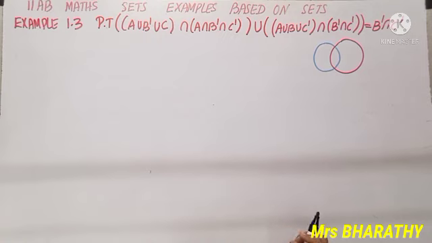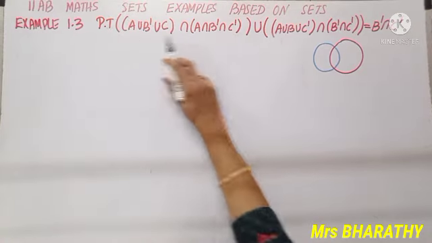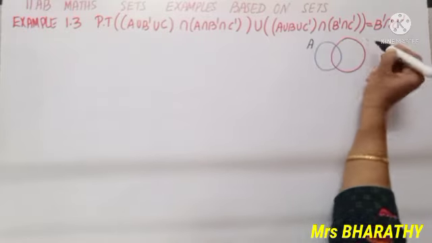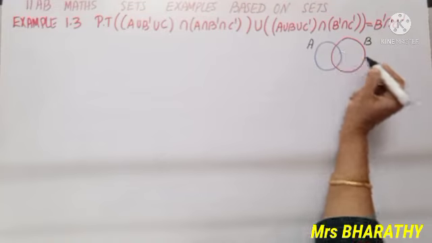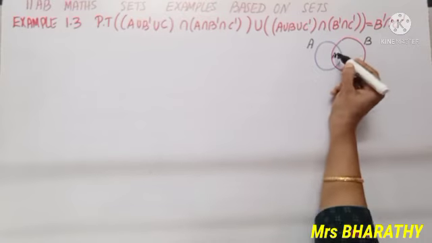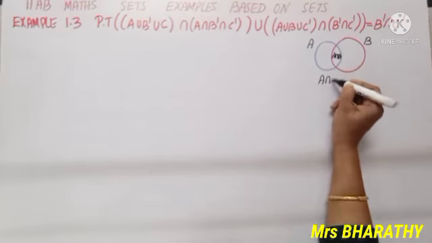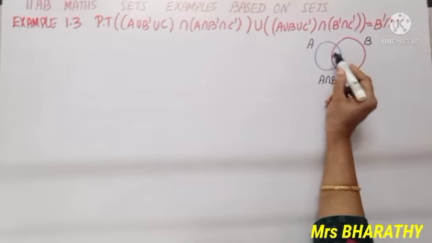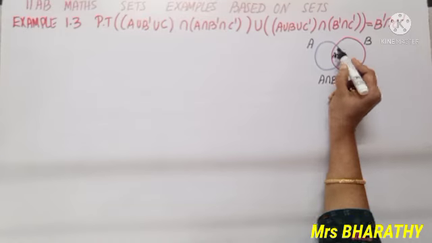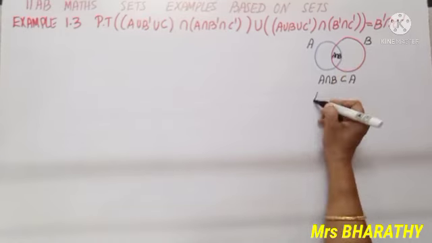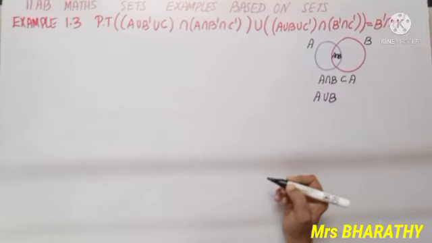Example 1.3. To understand this problem, let us remember the Venn diagram again. Consider two sets A and B. We know this is A intersection B. A intersection B is a subset of A. All of us know A intersection B is a small portion that is contained in A. Similarly, what is A union B?